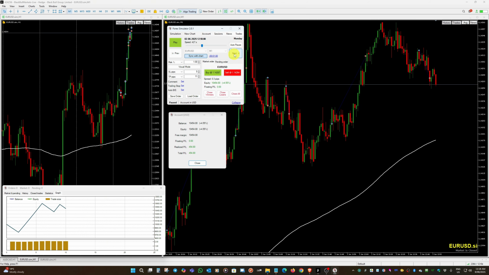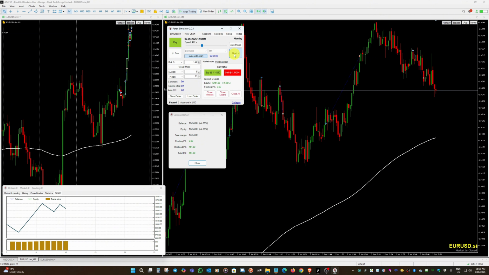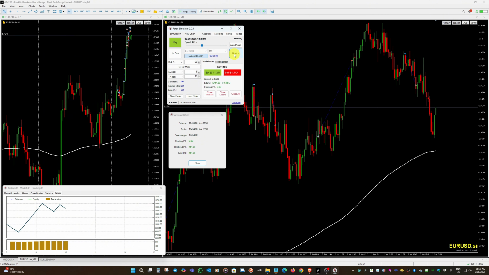Another loss. This is actually looking a little bit more like some realistic trading that many of you would probably have.